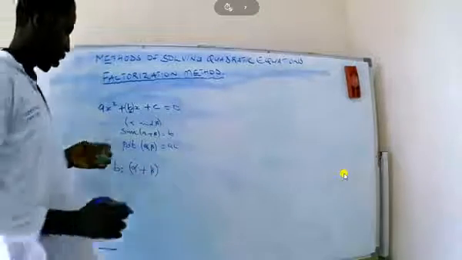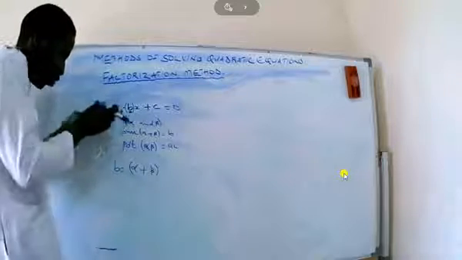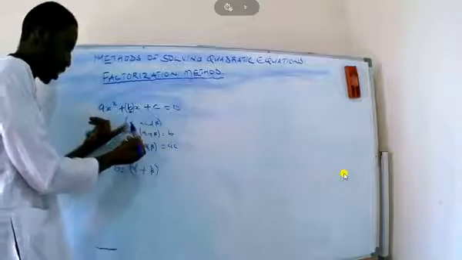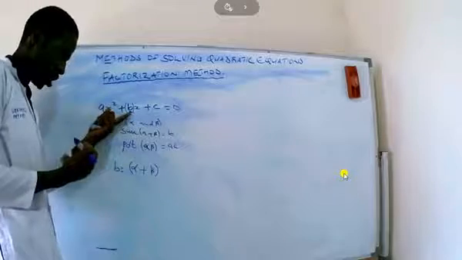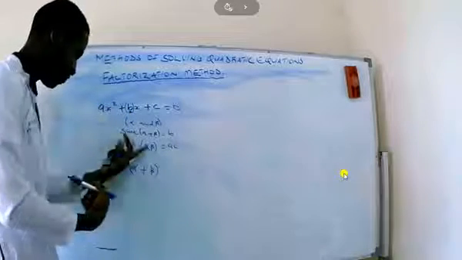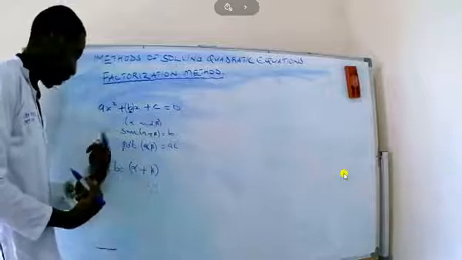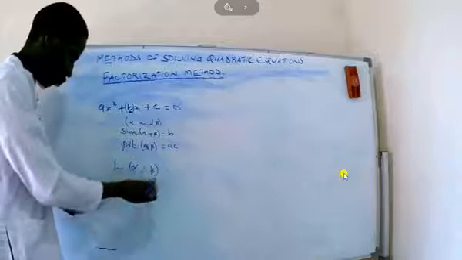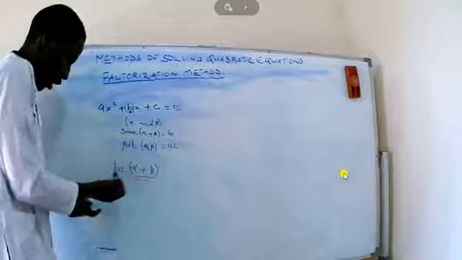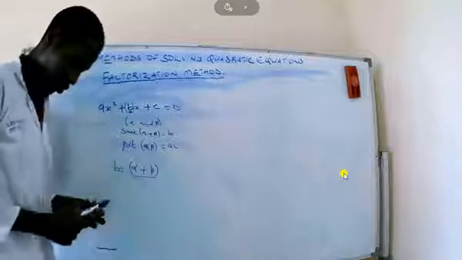When you add the two numbers, you get b, and when you multiply them, the product, you get ac. Once you get those two numbers, you can easily substitute them for b.